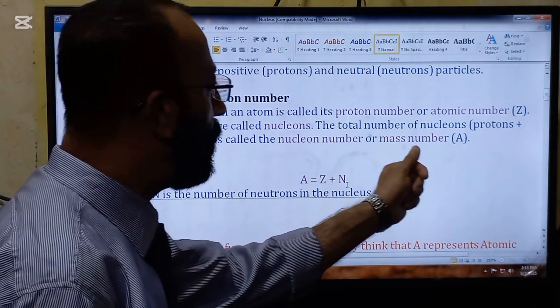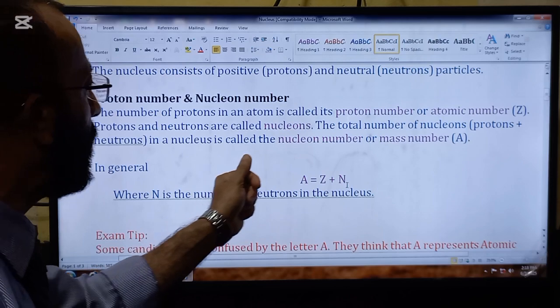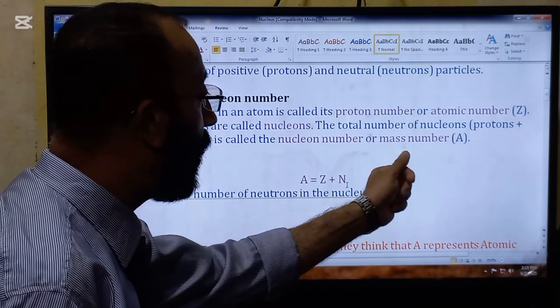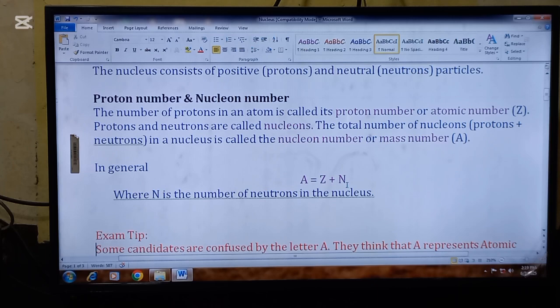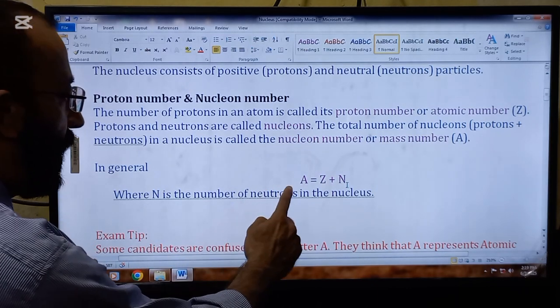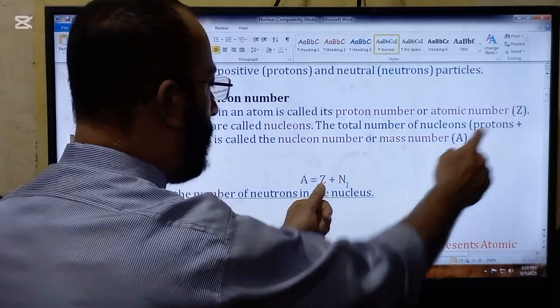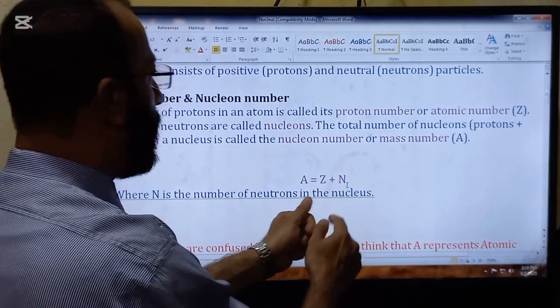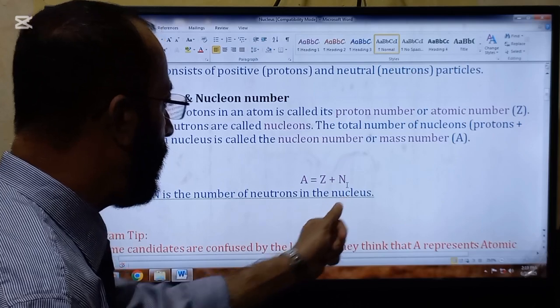The total number of the nucleons, protons plus neutrons in a nucleus, is called the nucleon number or mass number, and it is represented by A. So in general, A is actually Z, that is atomic number, plus N, and N is the number of the neutrons in the nucleus.